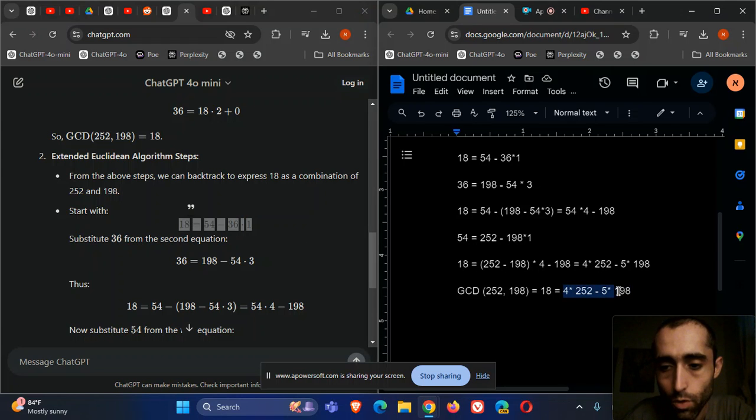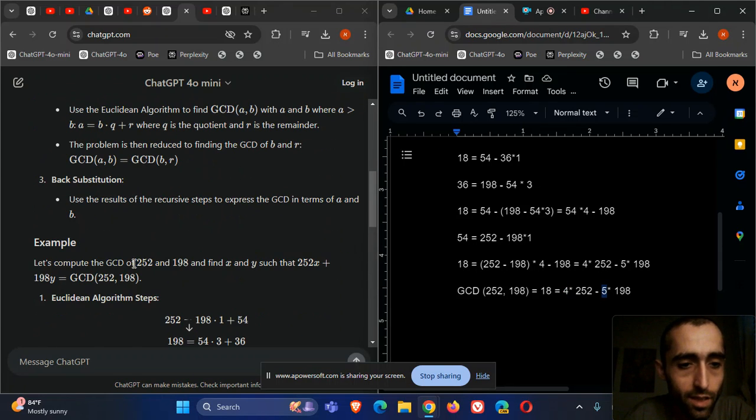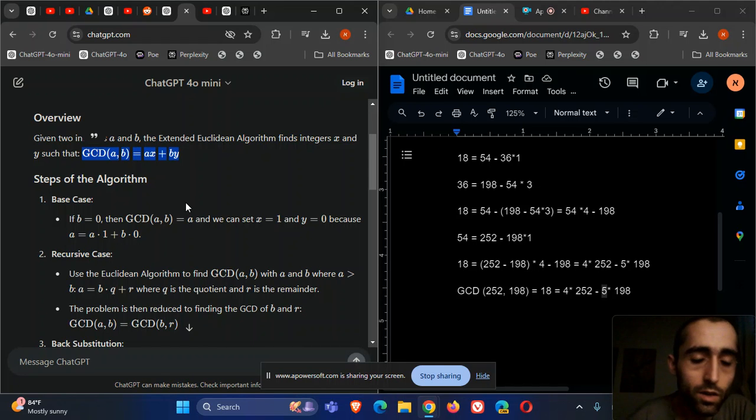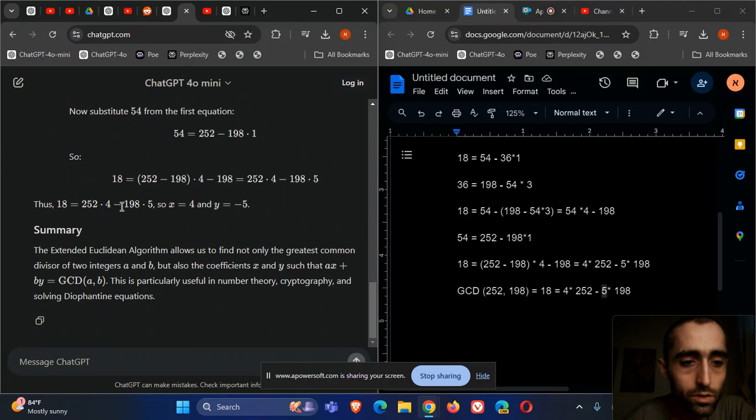I got to a presentation by the original two numbers. So here, this is my x and this is my y. And I did exactly what I wanted. I represent the greatest common divisor of two numbers as a linear combination with x and y. This is exactly what I wanted. X is 4 in our case, and y is minus 5 because of the minus here.